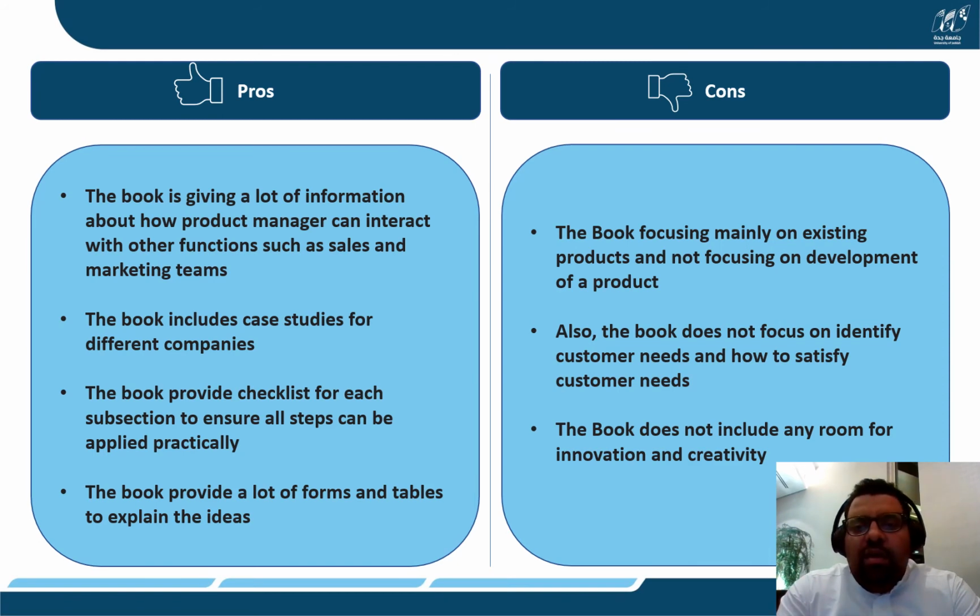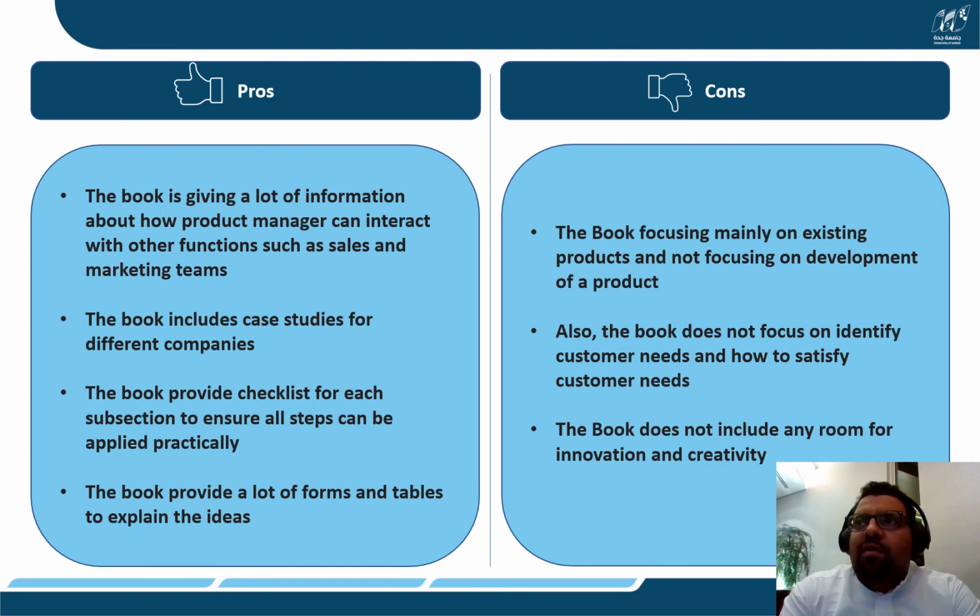Also, the book does not focus on identifying customer needs and how to satisfy customer needs in different ways. It's only mentioning that you need to focus on a customer need.